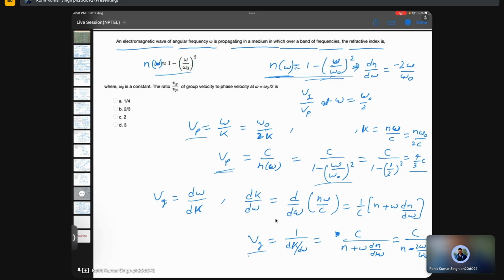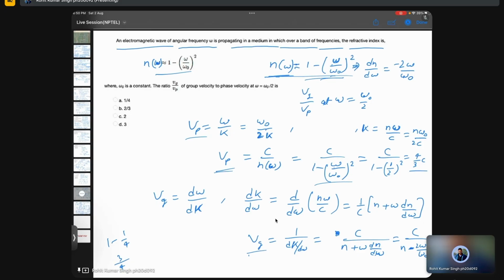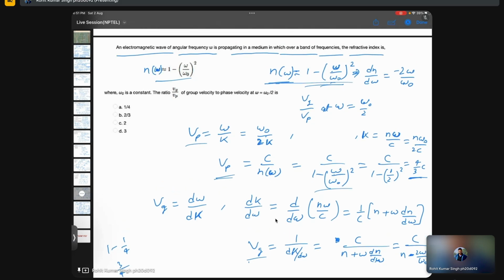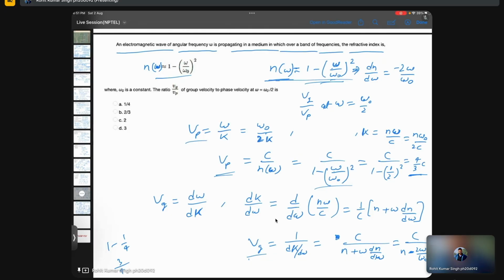How can it exceed the speed of light? 1 minus 1 by 4 is 3 by 4, right? Sorry, 4 by 3 c. Oh, okay, yeah, no, it's okay, yeah, this is the crucial concept. Okay, so this is the phase velocity, it's fine. Yeah, 4 by 3 c, it is fine.